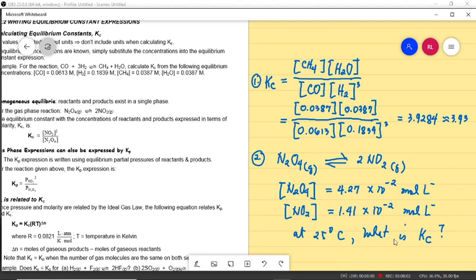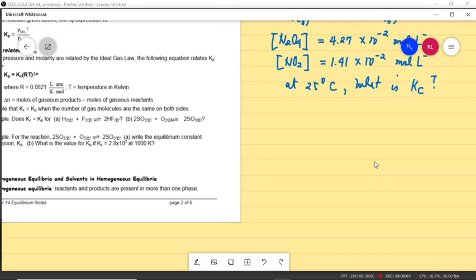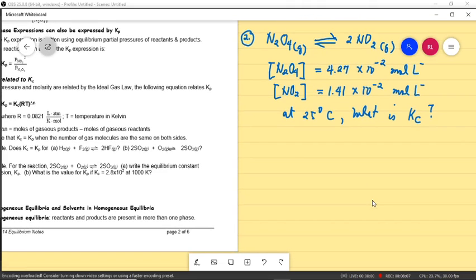Okay, I need more space here. So all you have to do is to write first the expression.